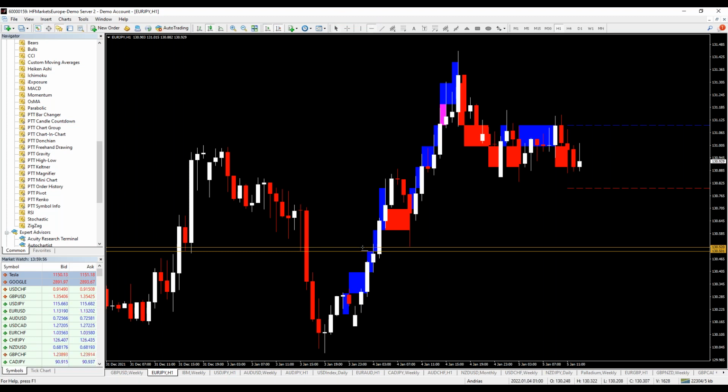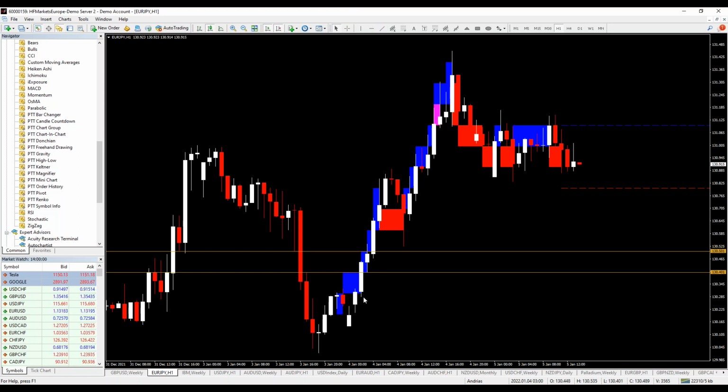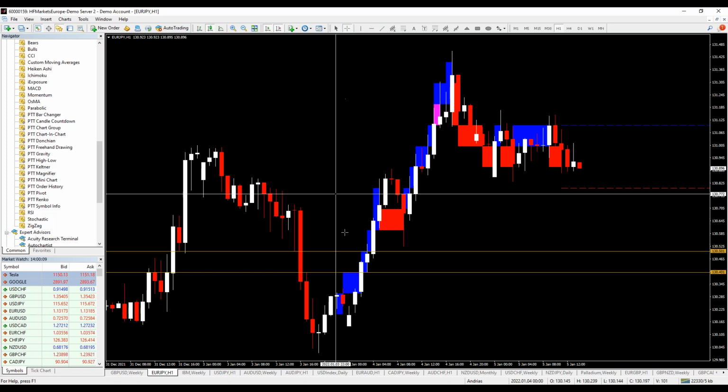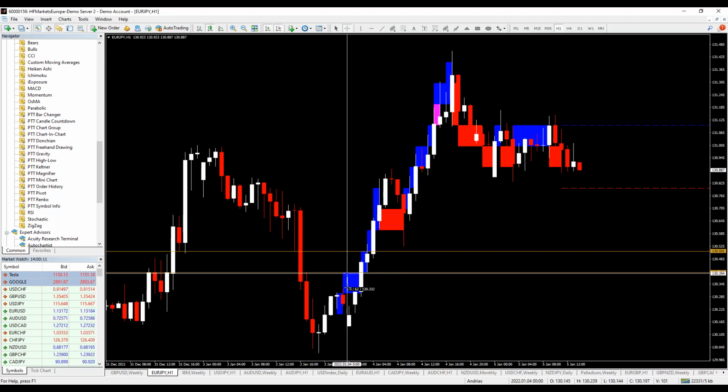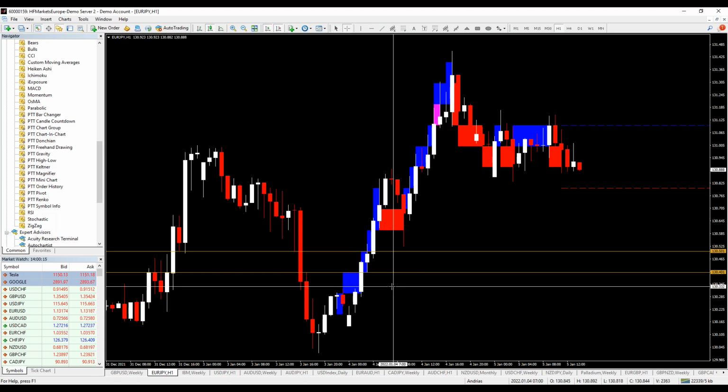So the bottom of the previous brick could have been used as your stop loss, or you can measure the length of the brick to identify a possible trailing stop.